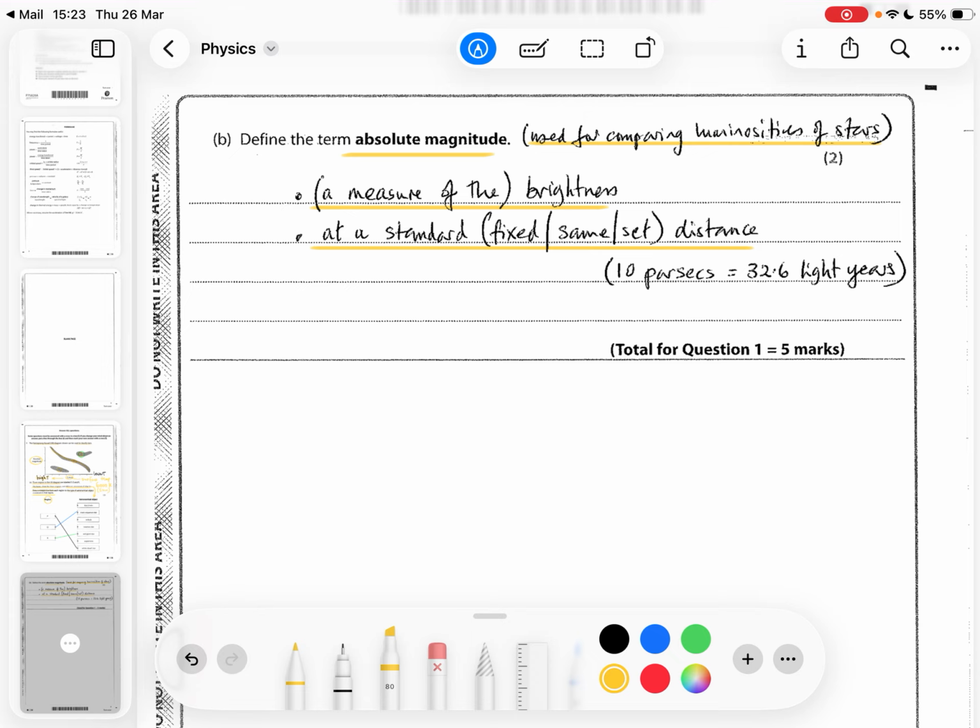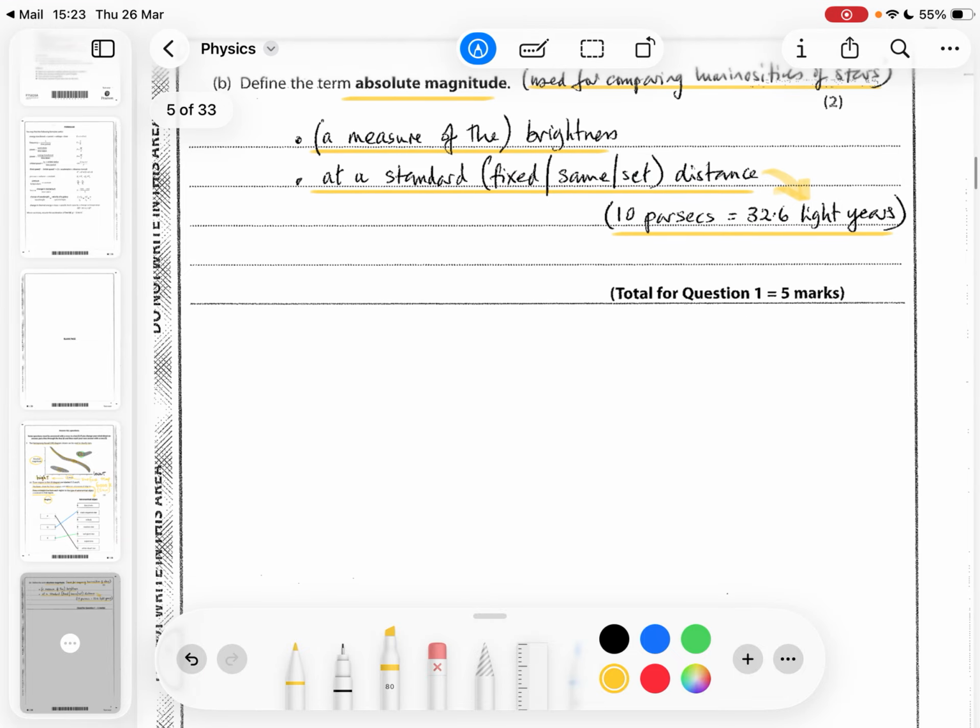Astronomers know how to work out the luminosity of stars using mathematics, and they ask what would happen if they were all the same distance away, and the standard distance they choose to use is 32.6 light years away. Then they can say this star appears brighter, but it's only because it's closer. What they're trying to do is say this type of star is brighter than this type of star. So that's the first question on astrophysics.